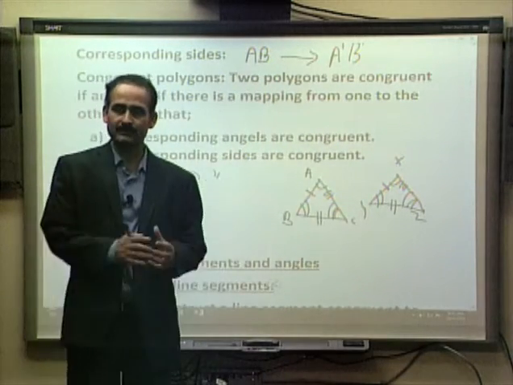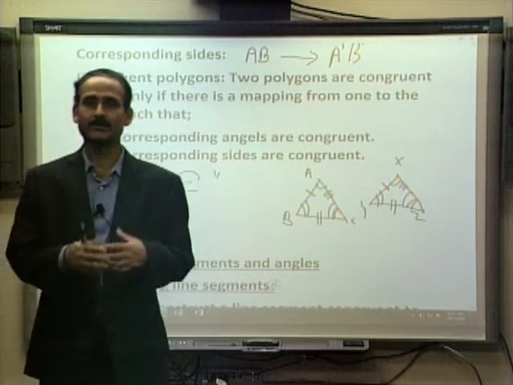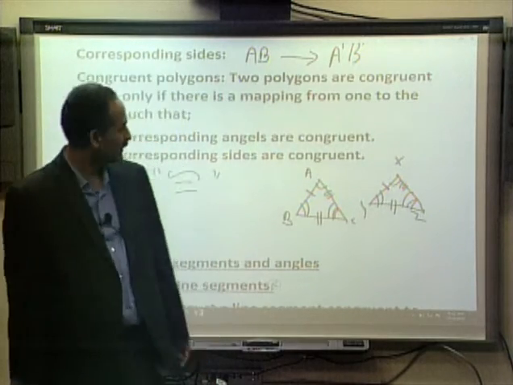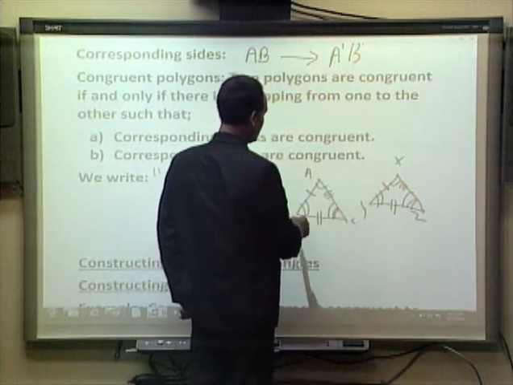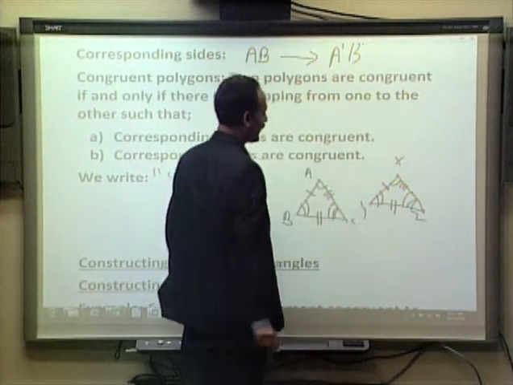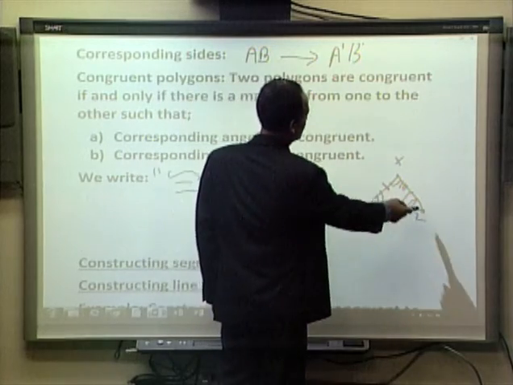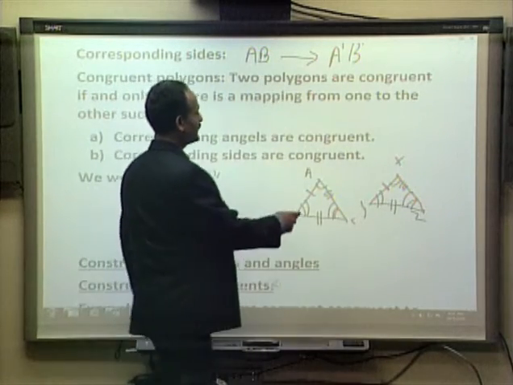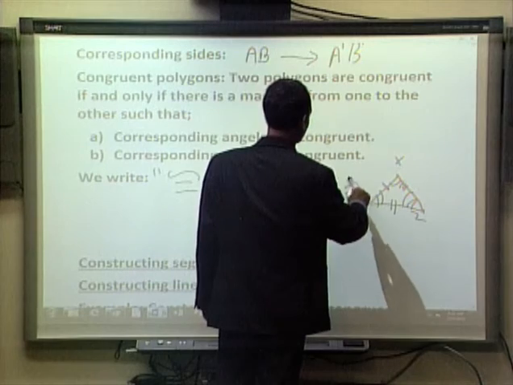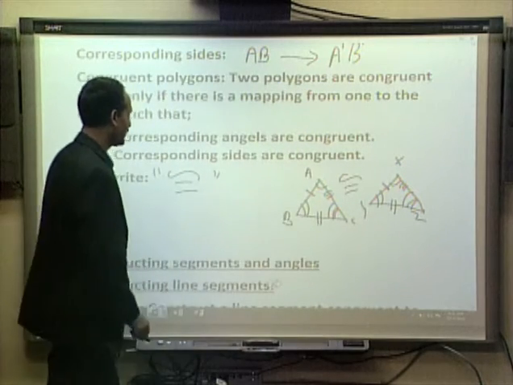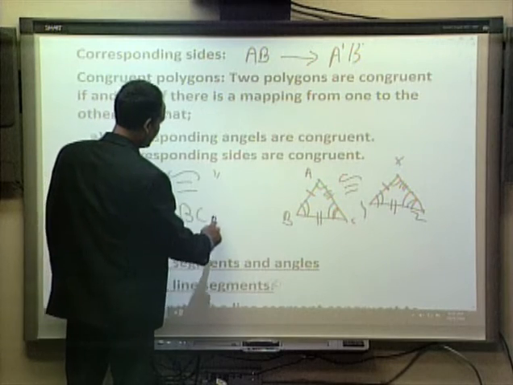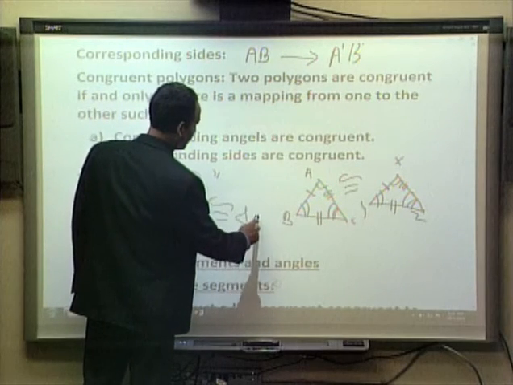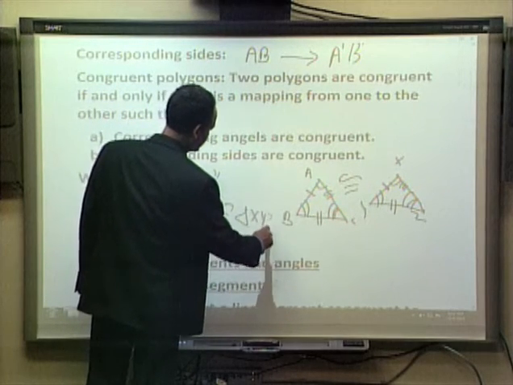They are congruent means the two sides are said to be congruent if their lengths are the same. So, if the side AB is congruent to XY, side BC is congruent to YZ, and side AC is congruent to XZ, then these two triangles we call congruent triangles, and we write triangle ABC is congruent to triangle XYZ.